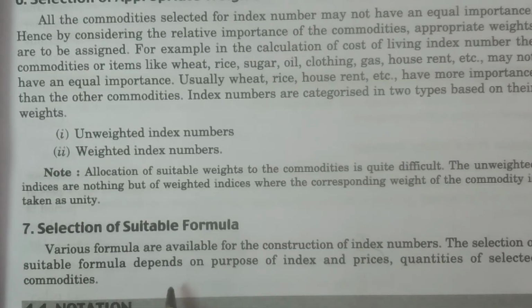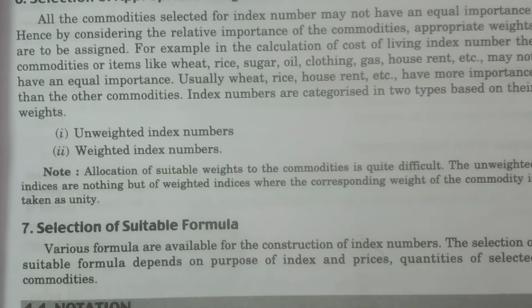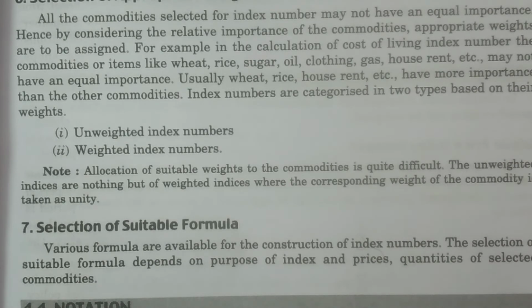Okay, the next thing is selection of a suitable formula. Various formulas are available for the construction of index numbers. The selection of a suitable formula depends on the purpose of the index numbers and the selection of prices and quantities of selected commodities. Based on this, a suitable formula is going to be selected. If you want to construct index numbers for prices, we consider in one fashion.